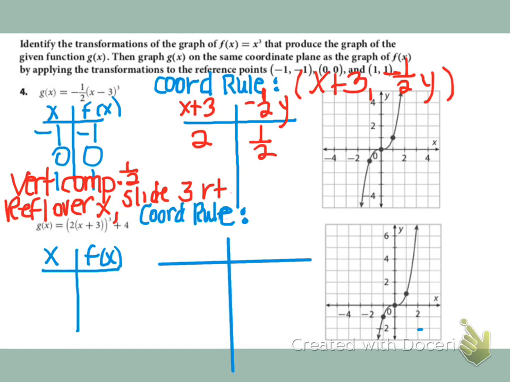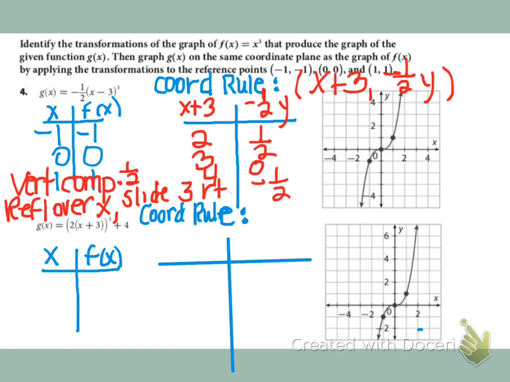If I plug 0 in, 0 plus 3 is 3, and 0 times negative 1/2 is still 0. So like I said, only slides are going to affect that kink point on the graph. And then plug in 1 and 1. So 1 for x would be 1 plus 3, that's 4. And then 1 for y would be negative 1/2 times 1, which is negative 1/2.